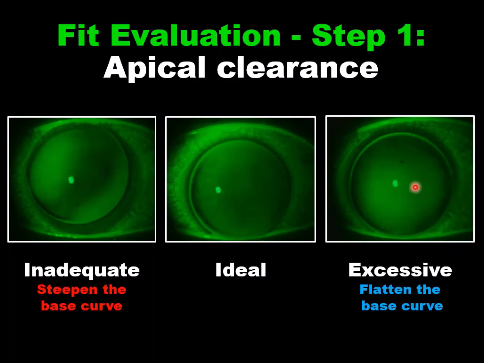If the lens has excessive apical clearance, it's hard to make out the pupil. We may even be getting a bubble and it's associated with inferior displacement. Then we want to flatten the fit a half diopter or approximately 0.1 millimeters. So determine that you have the appropriate apical clearance first.